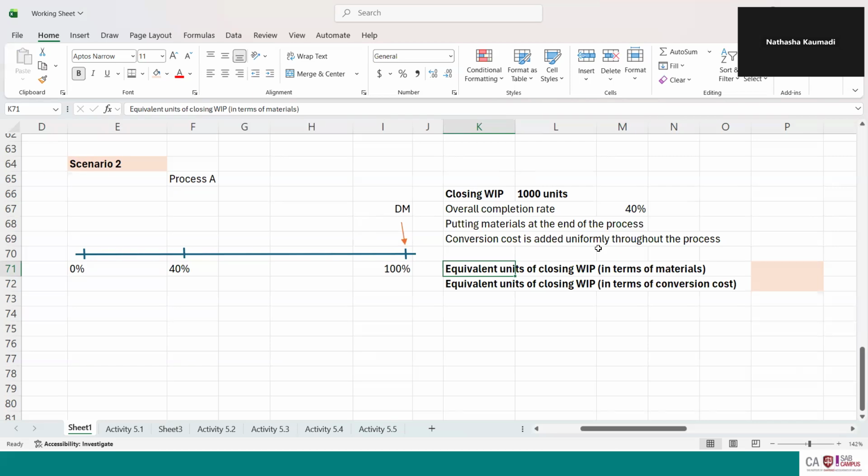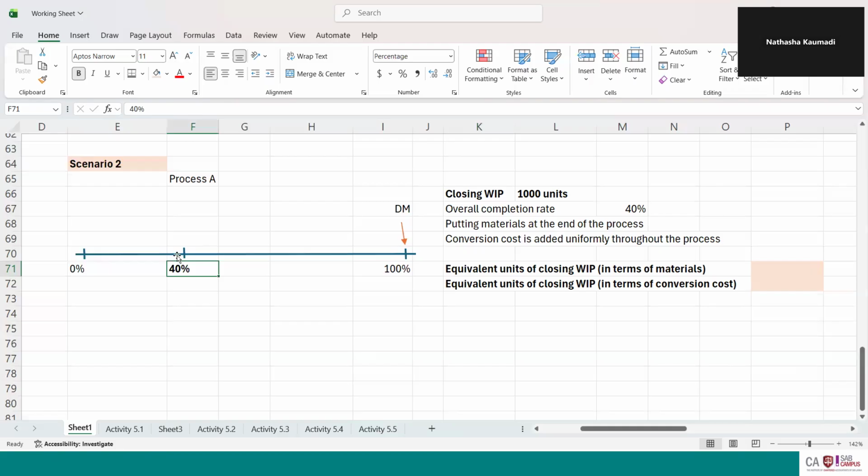In terms of materials. First of all, where are we now? What is our completion rate? We are at 40%. Starting with 0, we have reached 40%. Now, what is our completion rate in terms of materials?